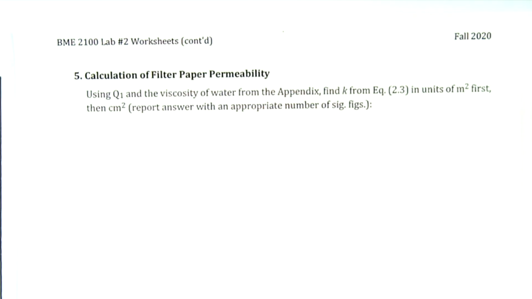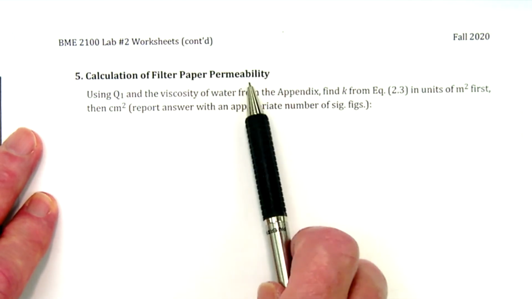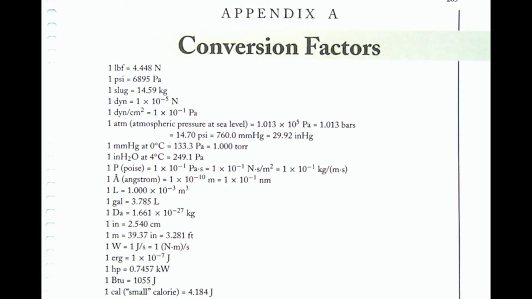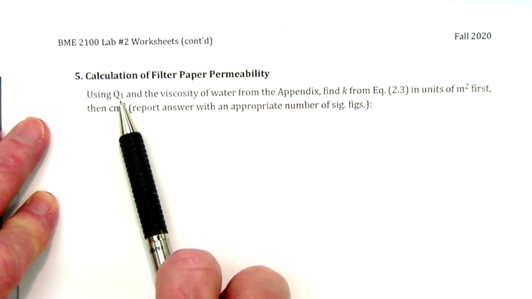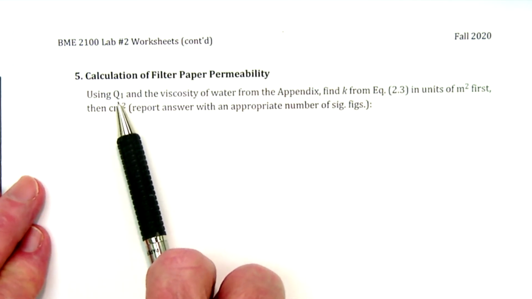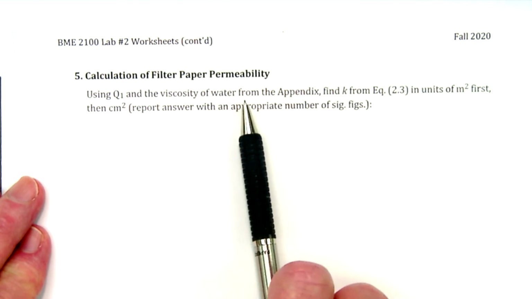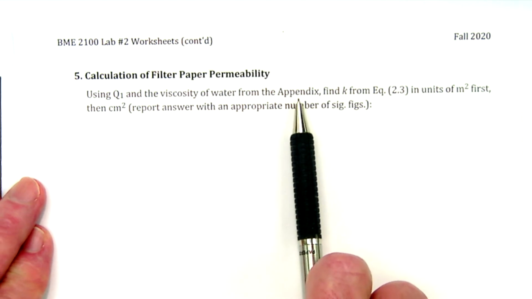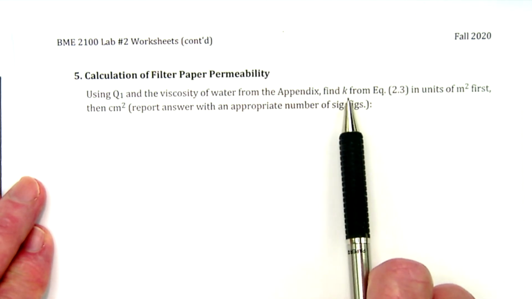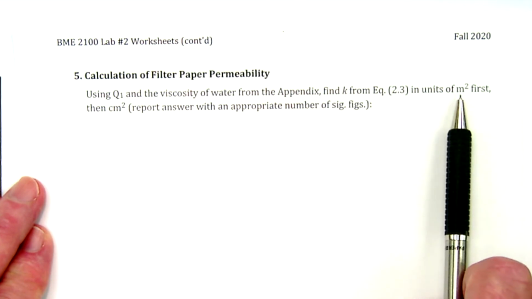Now let's turn to worksheet number 2. This is where you're going to do a calculation of the permeability of the filter paper, and you're going to have to do a lot of units conversions here. So using the value of Q1 and its associated pressure and all of the physical parameters that we measured at the beginning of the lab, along with the viscosity of water from the appendix, which I'll show you in just a minute, find the permeability K from equation 2.3, first in units of meters squared.